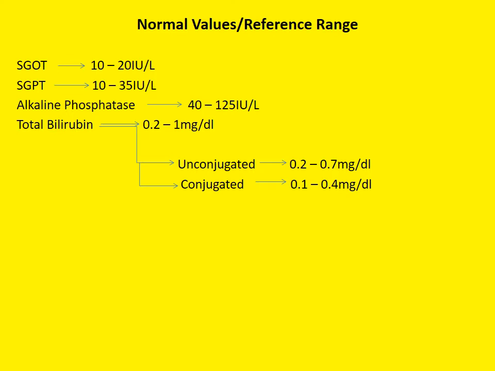For inference purpose you should know the normal values or reference ranges of the parameters, such as SGOT, SGPT, alkaline phosphatase, bilirubin, etc. Here, SGOT 10 to 20 unit per liter, SGPT 10 to 35 unit per liter, alkaline phosphatase 40 to 125 unit per liter, total bilirubin 0.2 to 1 mg per dl, unconjugated or free bilirubin 0.2 to 0.7 mg per dl, conjugated bilirubin 0.1 to 0.4 mg per dl.